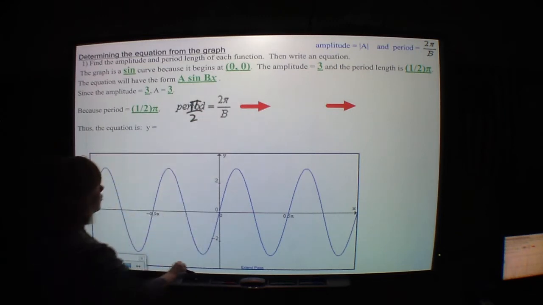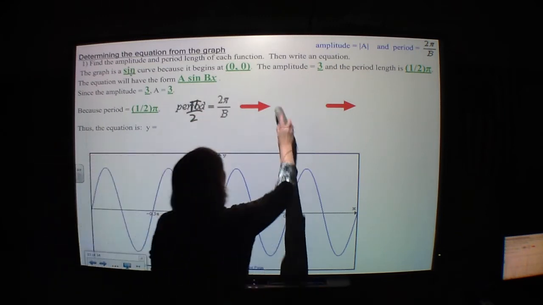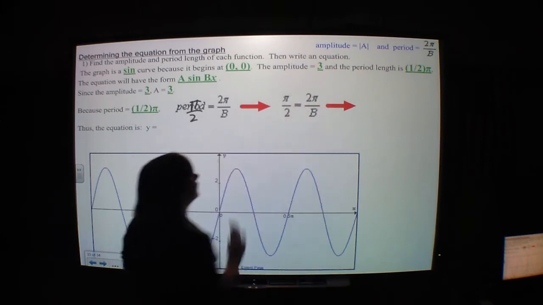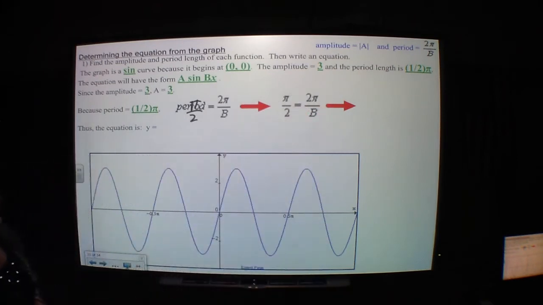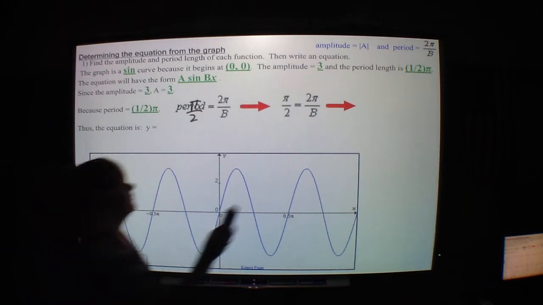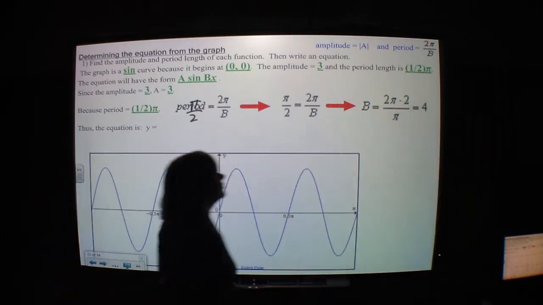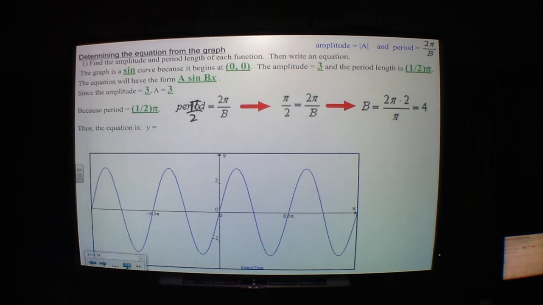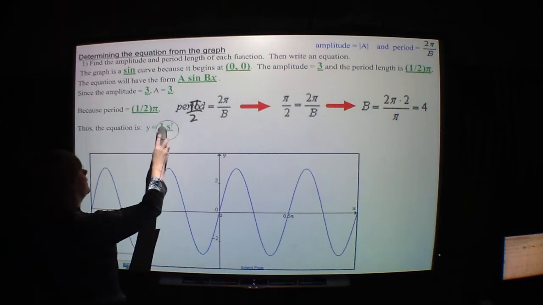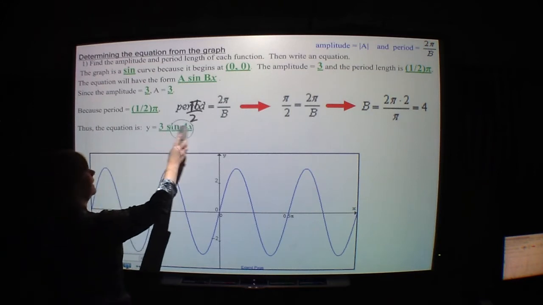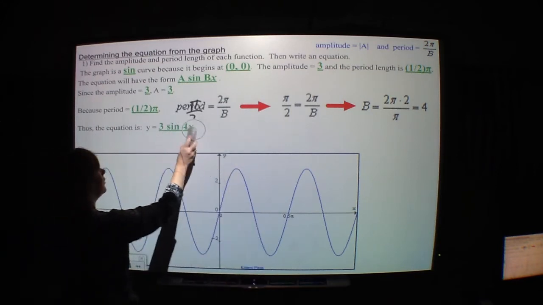And then if you want, you could cross multiply and solve for b. When you do that, you'll get b is equal to 4. So you have b times pi is equal to 2 times 2 pi, and then you divide by pi. So b is equal to 2 times 2, or 4. So the equation is y is equal to A, which is 3, sine of b, which is 4, x.